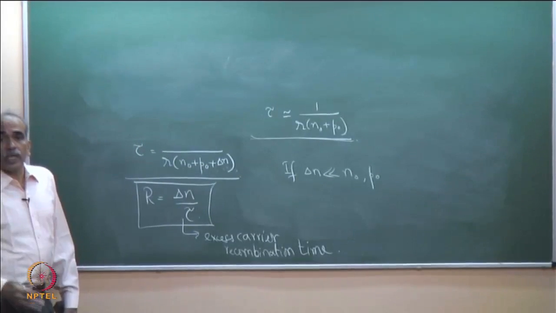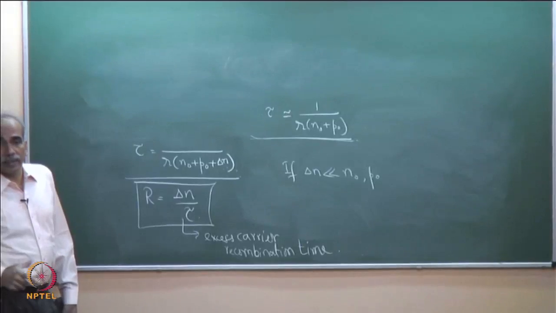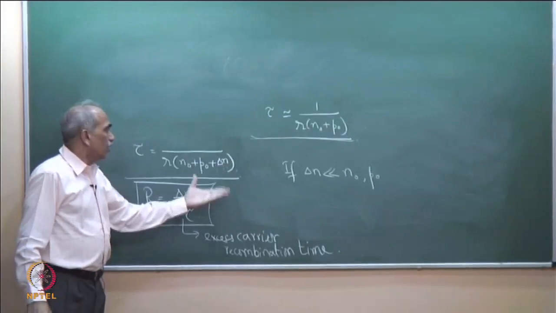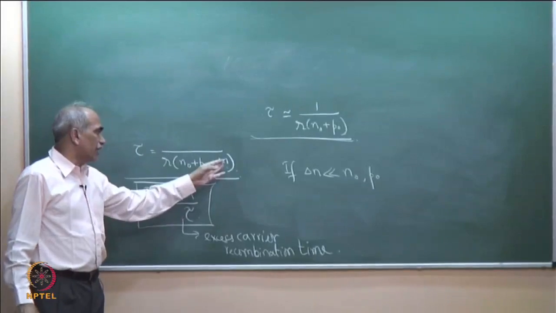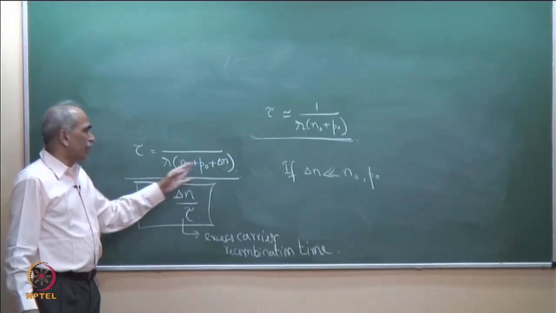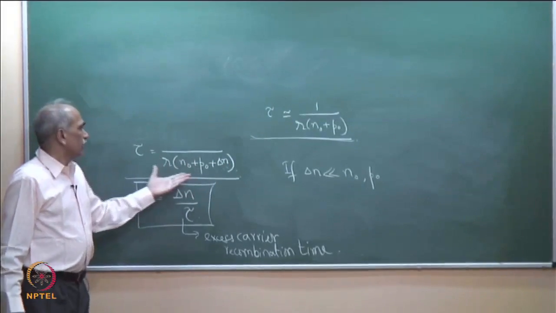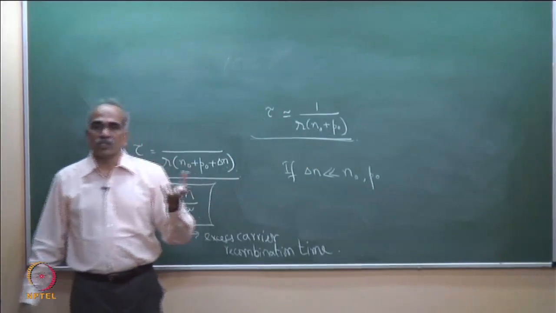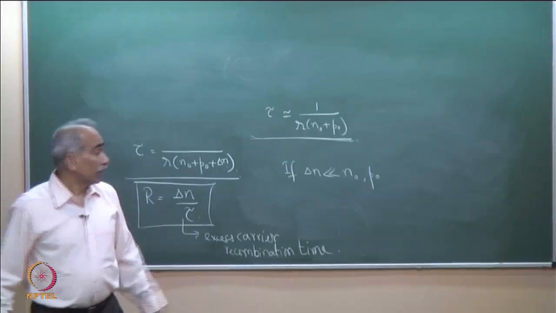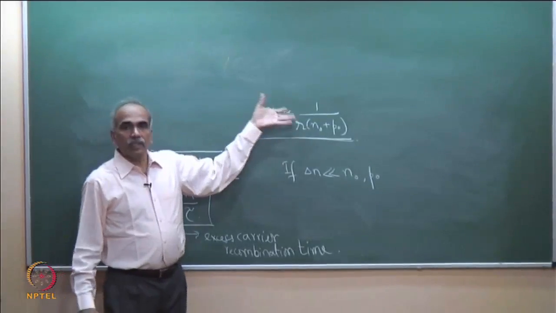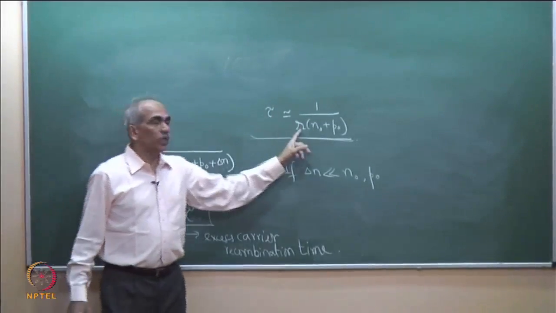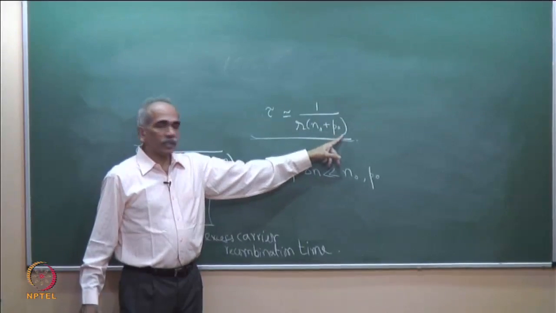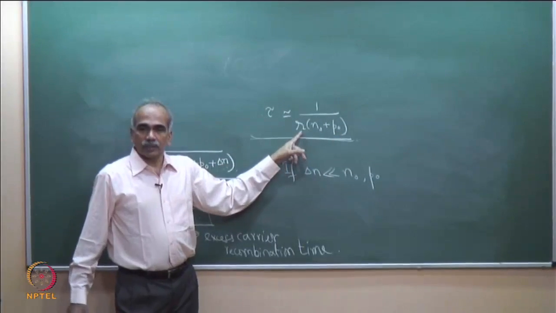The recombination time will depend on the injection carrier rate for higher injection rates. For moderate or low injection rates, when delta n is much less compared to n0 and p0, it is almost independent, and you talk of a carrier recombination time tau in a given material, because it depends only on the material, its equilibrium carrier concentrations, and the rate constant R.